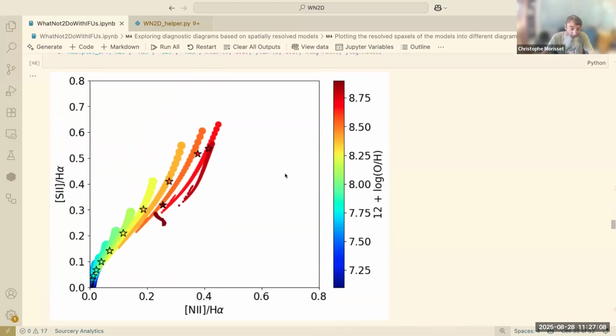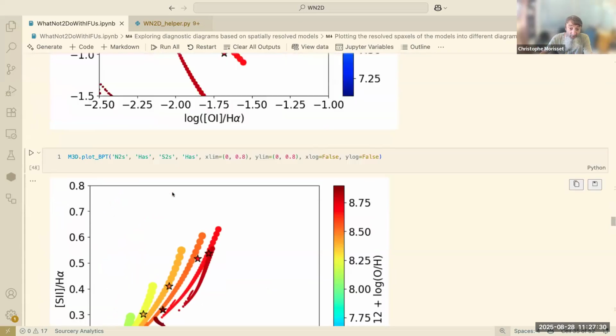So the same, but for another diagnostic that is used sometimes, S2 over H alpha, N2 over H alpha. For a given metallicity, you can see that you can go very high in S2 without entering a shock region. So take care of this.